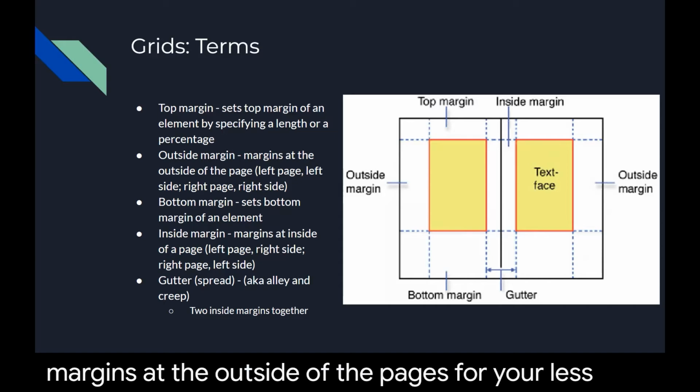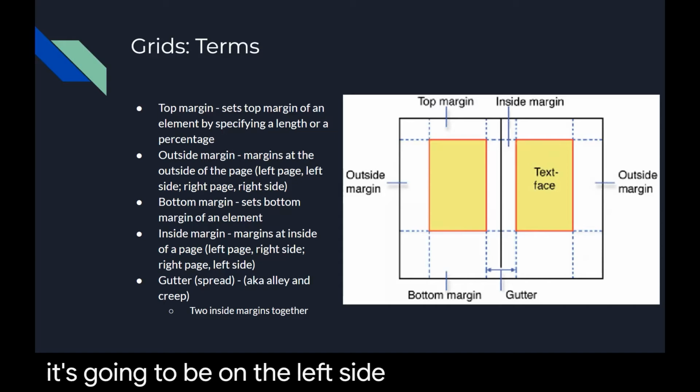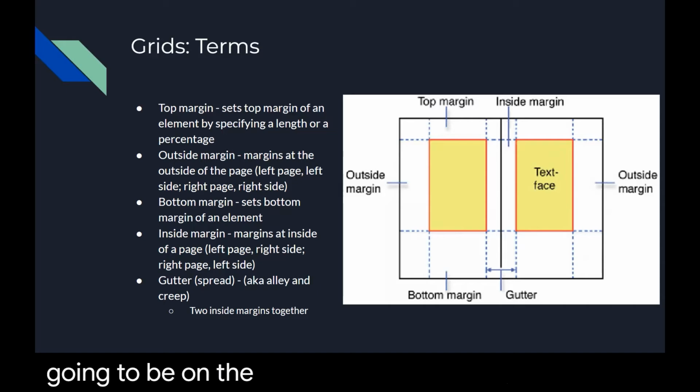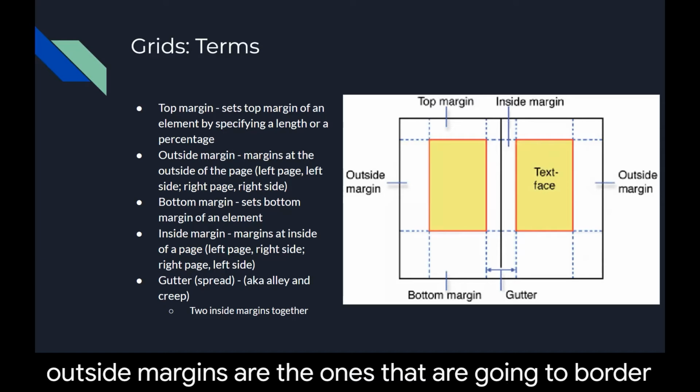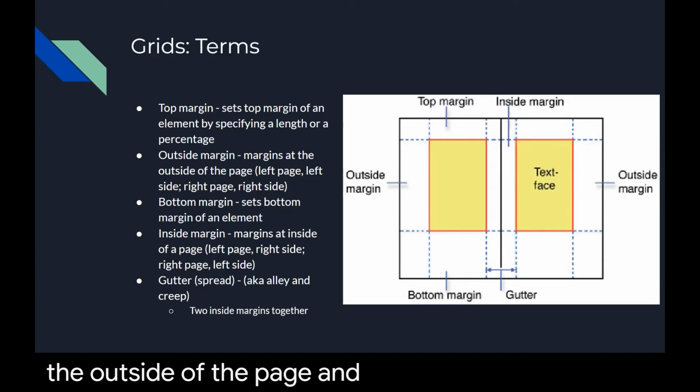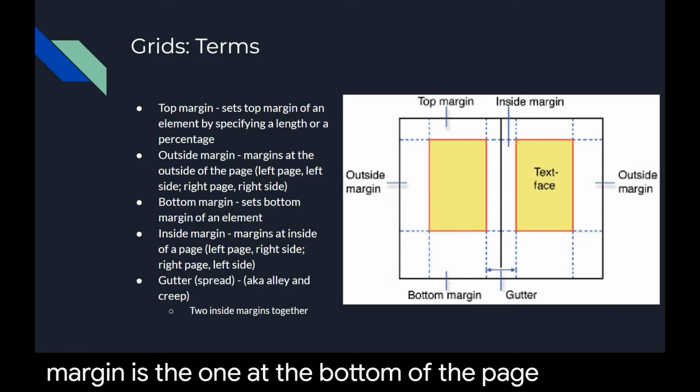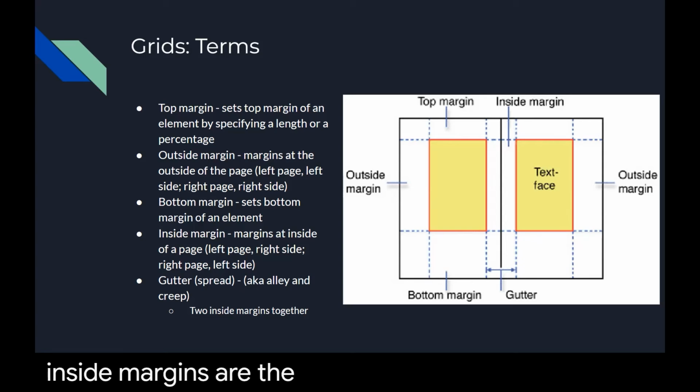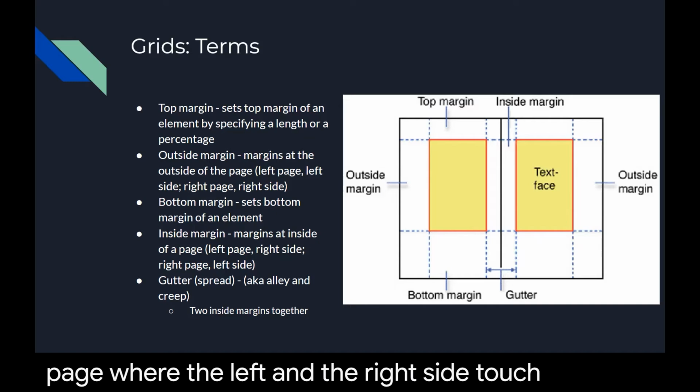For your left page, it's going to be on the left side. For your right page, it's going to be on the right side. And so the outside margins are the ones that are going to border the outside of the page and stand alone. The bottom margin is the one at the bottom of the page, while the inside margins are the ones on the insides of the page where the left and the right side touch one another.